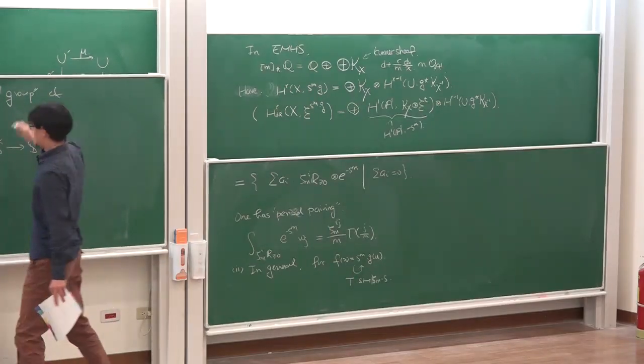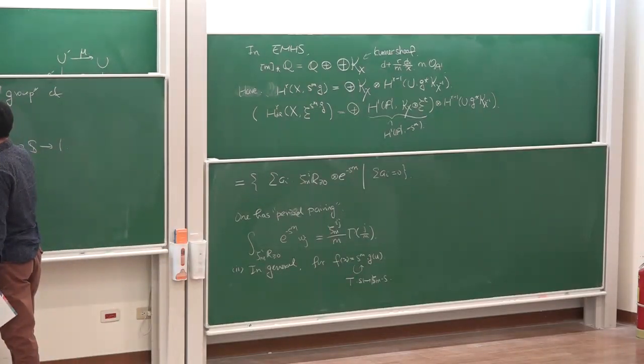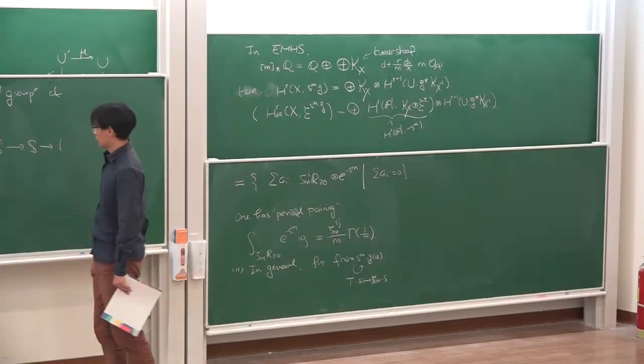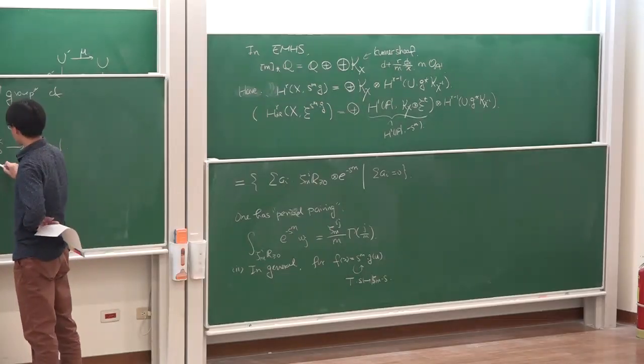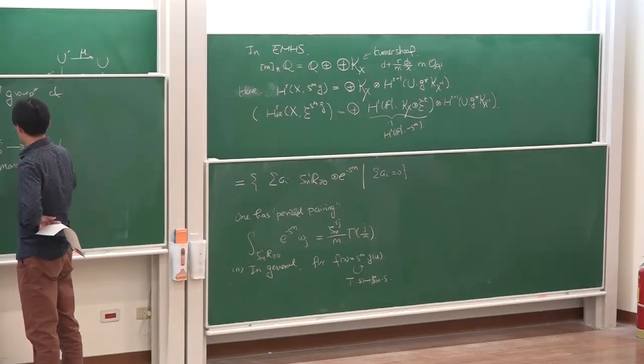If you have a canonical generator here, then whenever you have a representation of this extended group, it just corresponds to a monodromy action.